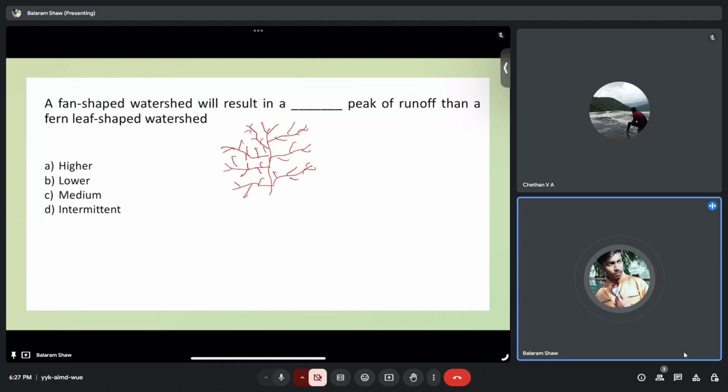So this is a fan shaped catchment or fan shaped watershed. And the fern shaped one is the elongated one that we have seen.